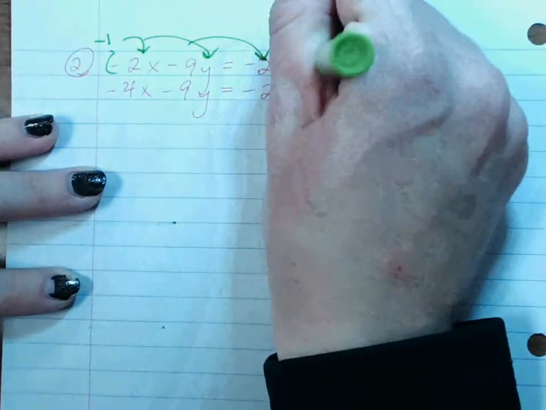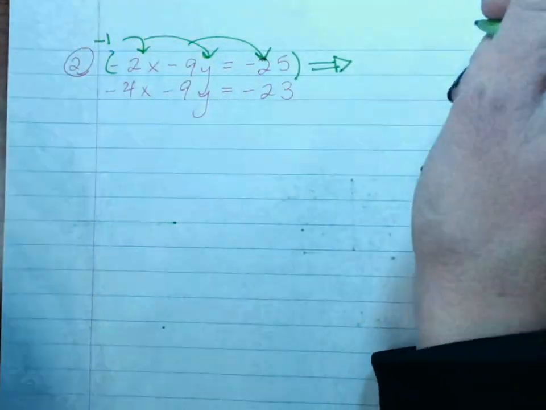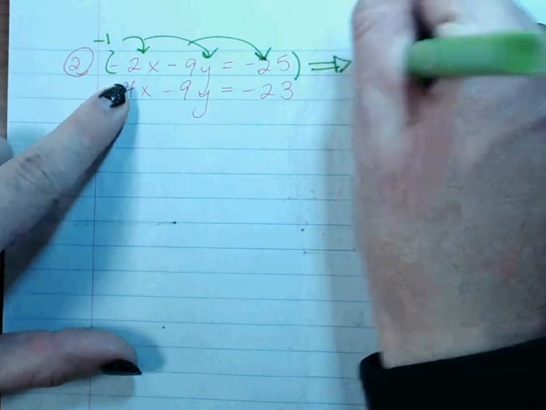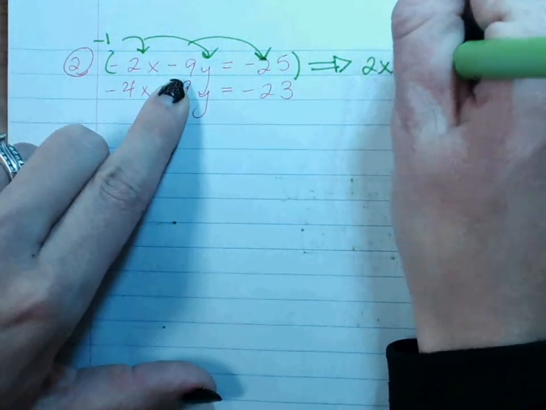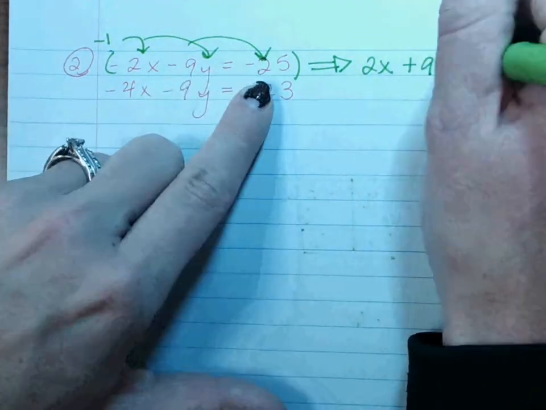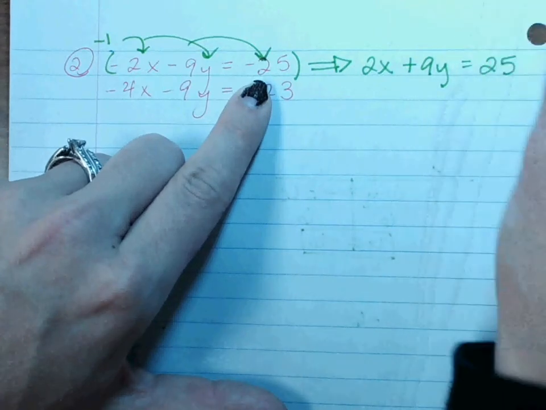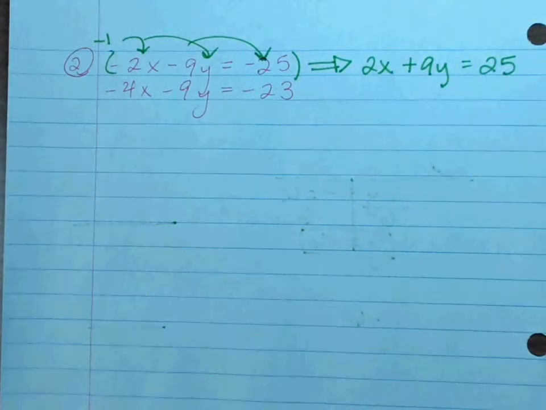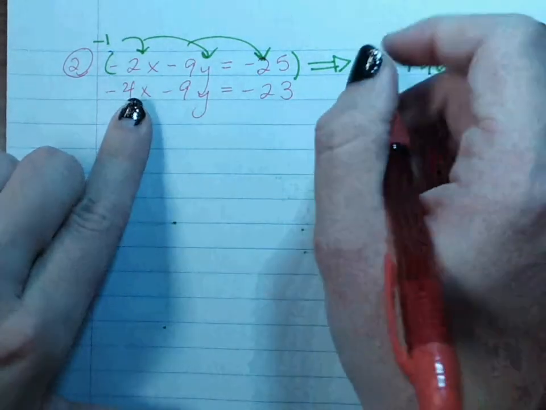So this can become 2x plus 9y equals positive 25. Because multiplying by that negative 1, all it does is change the sign of everything. This is going to stay the same.